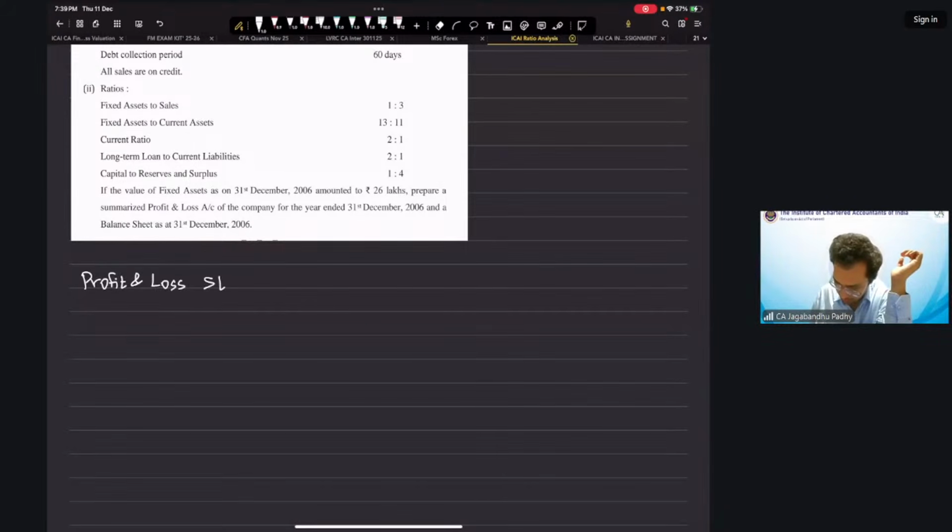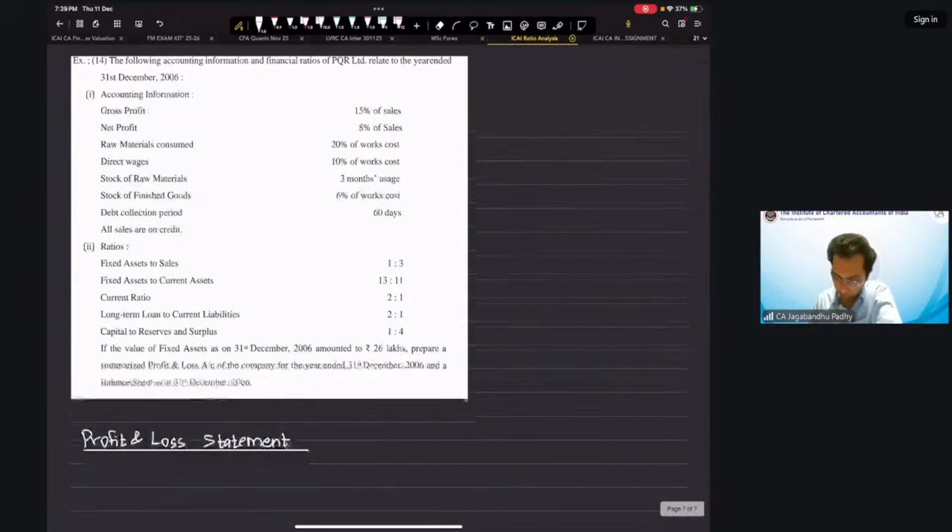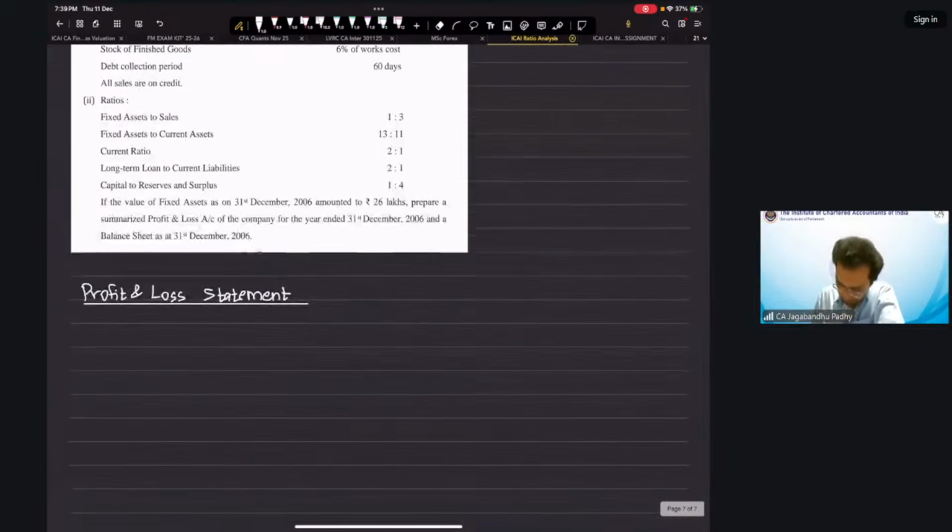Profit and loss statement. We'll start with sales. Then we subtract the COGS to arrive at gross profit.